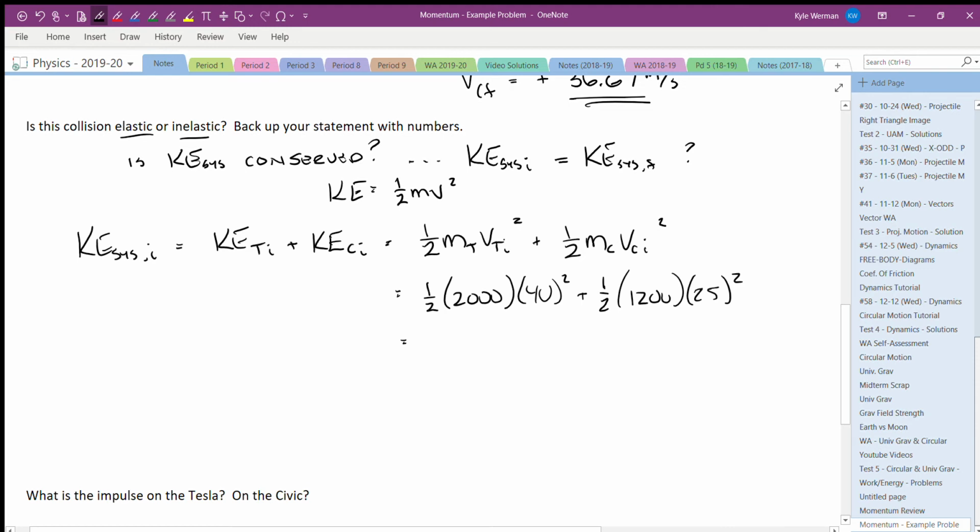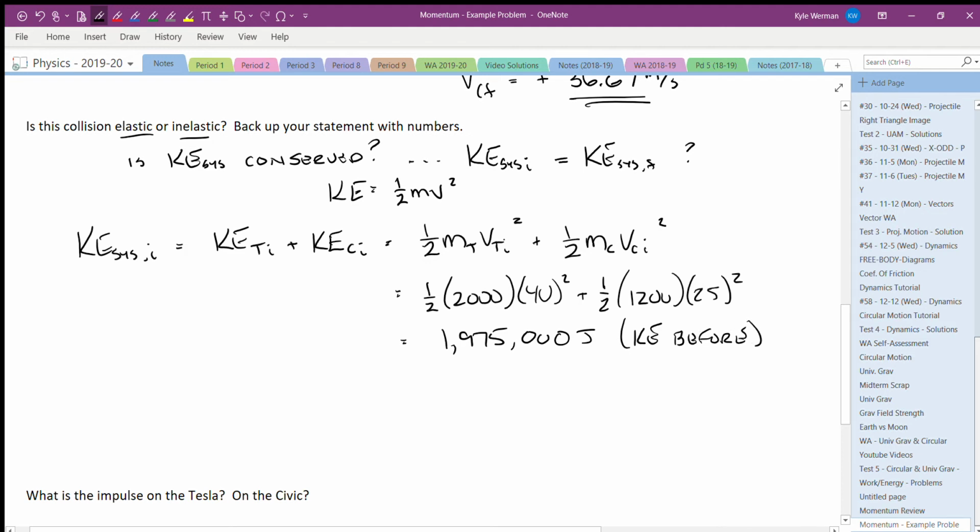Plug it into my calculator. We get 1,000 times 40 squared plus 600 times 25 squared, and I get 1.975 million. So 1,975,000 joules. That's our energy before the collision.